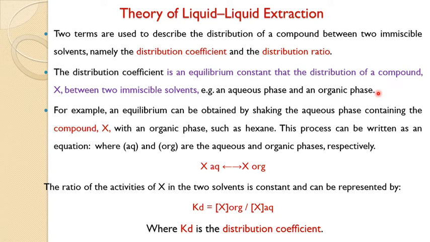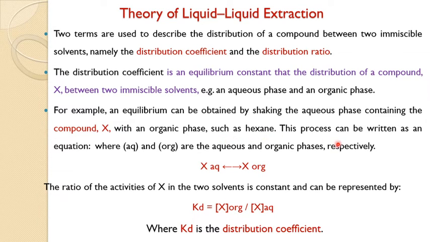That means the compound of interest may be found in the organic or aqueous phase. For example, an equilibrium can be obtained by shaking the aqueous phase containing the compound X with an organic phase such as hexane.